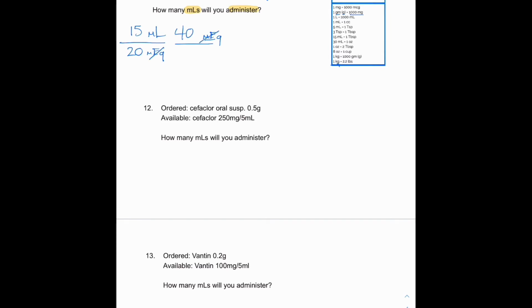Those cancel. We're left with just mils, so that means we're done. So now we're going to multiply across: 15 times 40 is 600. 20 times 1 is 20. So 600 divided by 20 equals 30. 30 mils.